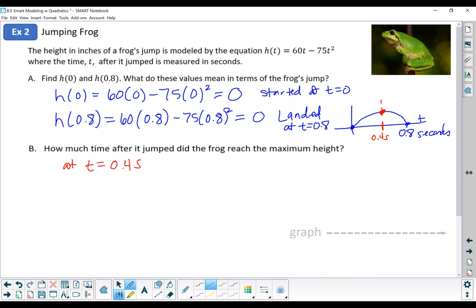But if you didn't notice the graph, or if you hadn't sketched the graph, you could, of course, use the axis of symmetry here. Our b value, the one in front of the regular t, is 60, so negative 60 divided by 2 times our a value, negative 75, because it's the coefficient of our squared term. So if you did it this way, you would also get 0.4 seconds.